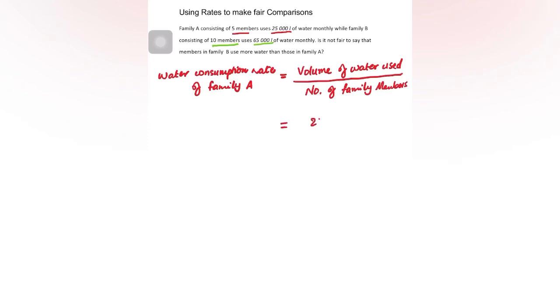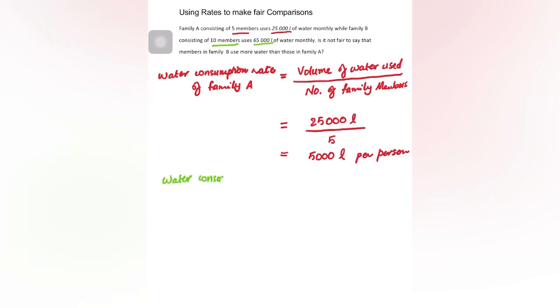They use 25,000 liters upon how many family members they have? 5 family members. So what is the answer when we divide it? The answer will be 5,000 liters per person. So one person is using 5,000 liters.